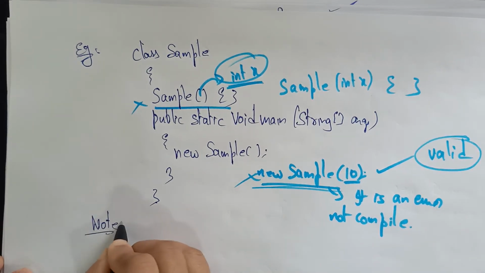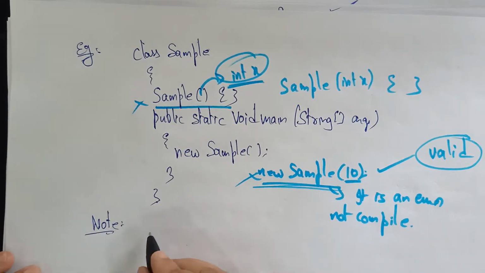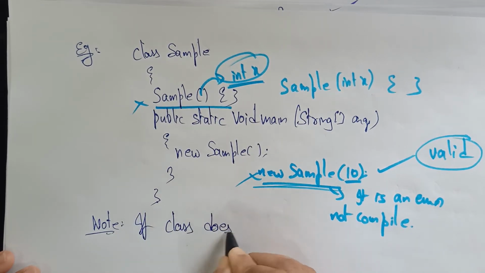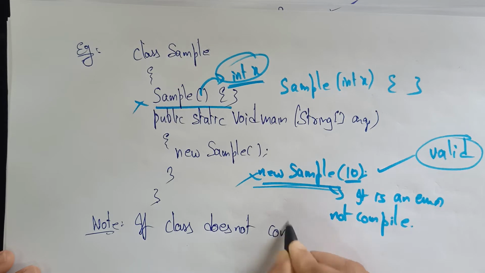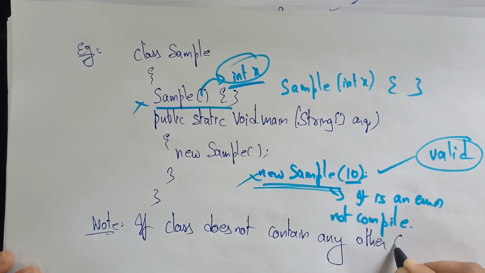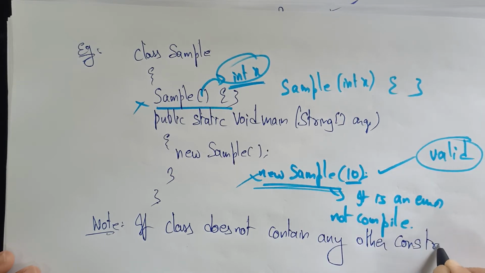Students, if a class does not contain any other constructor, then the Java compiler implicitly provides a default constructor.